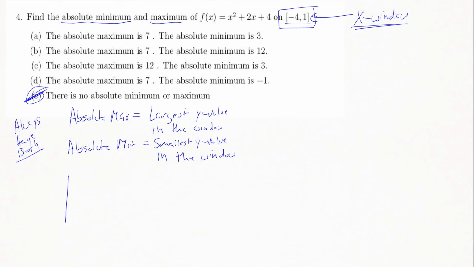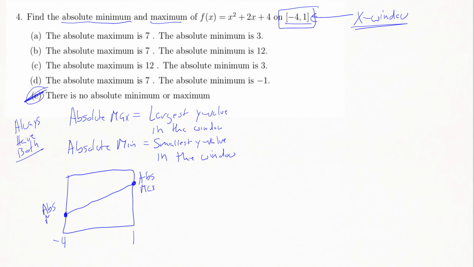Just to give you a visualization of what I mean by largest and smallest y values, we no longer care if these things are happening at peaks and valleys. If my graph starts on the left-hand side here and just goes straight across to the right-hand side, this right endpoint is where my absolute max is happening because it's the largest y value.